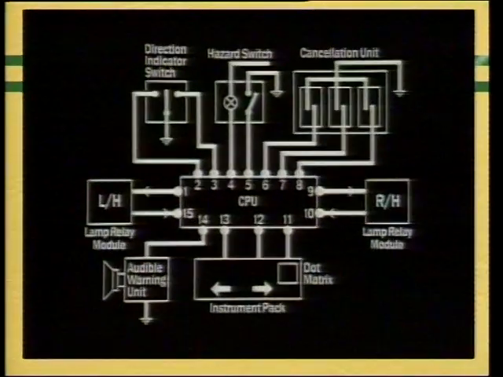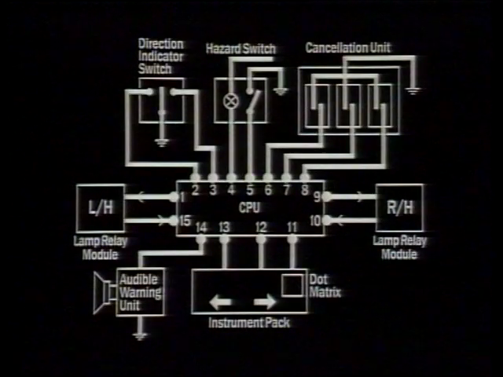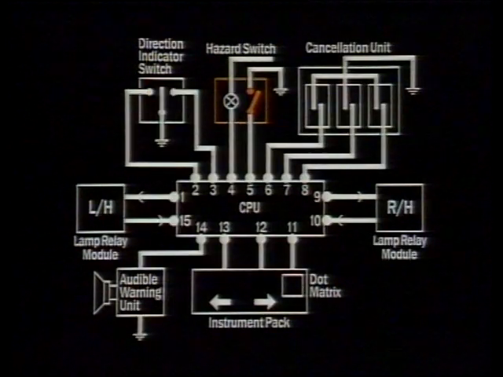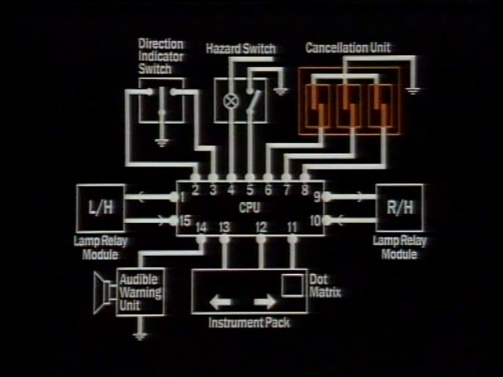This is the circuit diagram for the direction indicators. It shows 3 types of switches: the driver's switch, the hazard switch, and the reed switches in the cancellation unit.